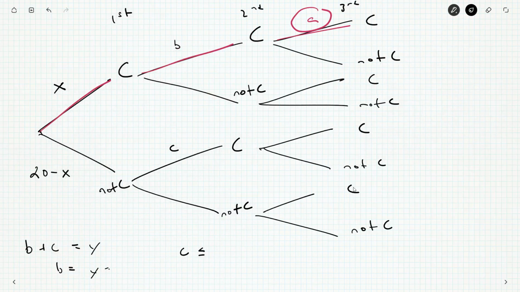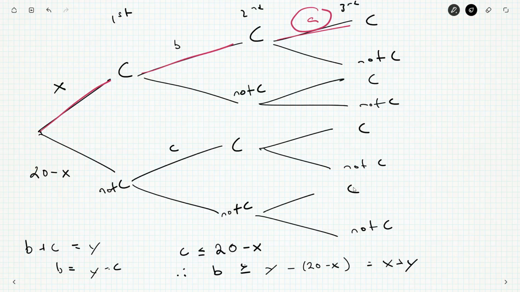So Y, so this is Y minus C. Now C is at most 20 minus X. So that means B is at least Y minus 20 minus X, which is X plus Y minus 20.